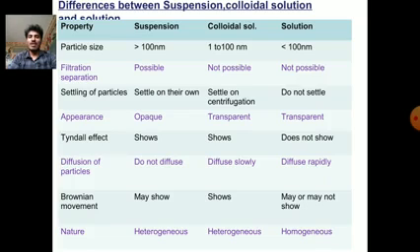In colloidal solutions, diffusion is very slow. In solutions, diffusion is rapid. The seventh one is Brownian movement. In suspension it is very slow, in colloidal solution it occurs slowly, and in solutions it may or may not be shown.